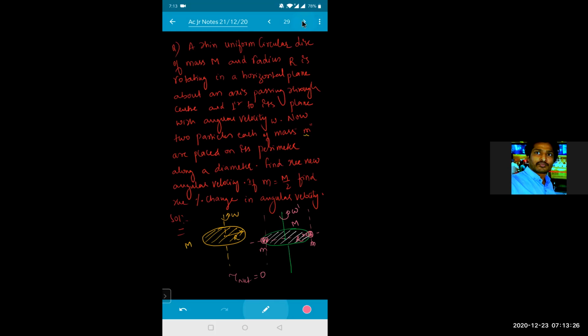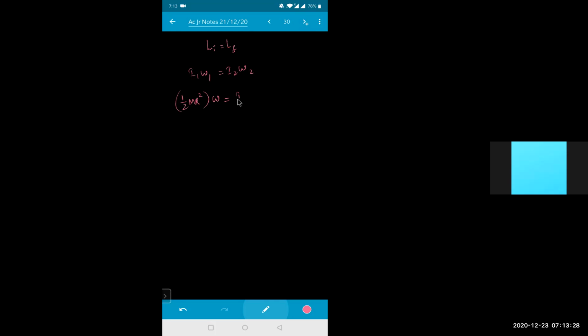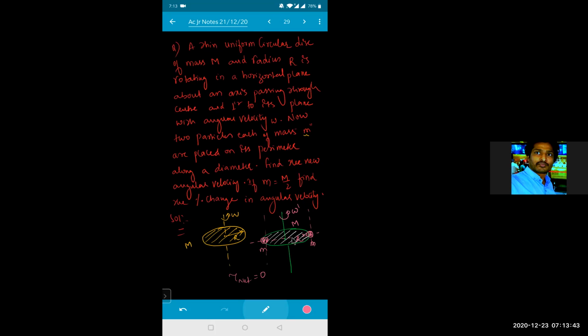So I2 will be equal to ICM plus small m R square, into the final angular velocity omega dash, and two times that. Why 2, beta? Because we have two masses.